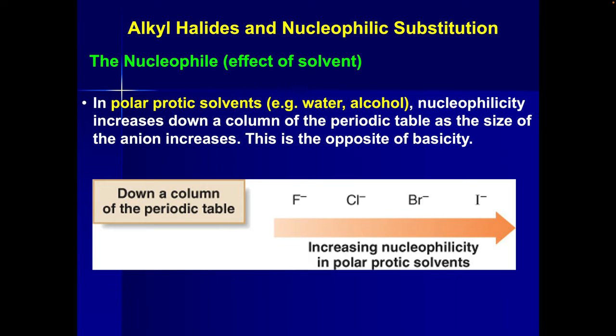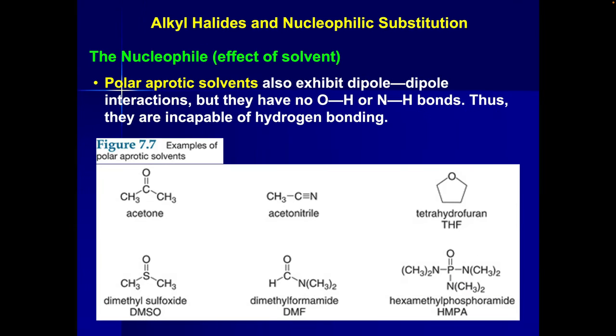So iodide is a great nucleophile in methanol or water. Bromide is a little less good, but it's better than chloride, so on and so forth, okay? And it has to do with size. The bigger the atom, when those waters are around it, the water can come off a lot easier on a big atom than it can on a very small atom, okay?